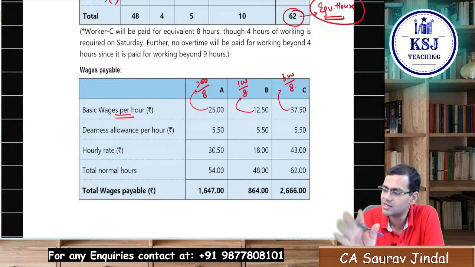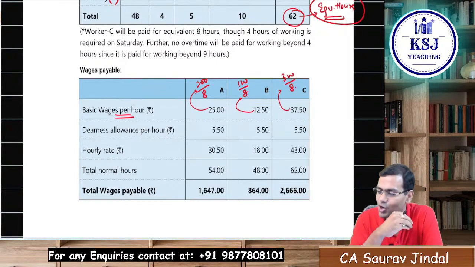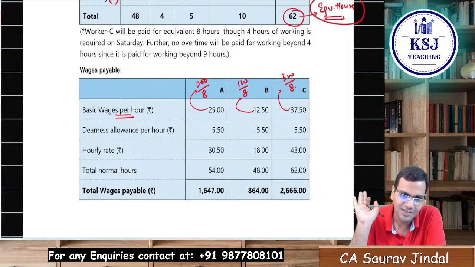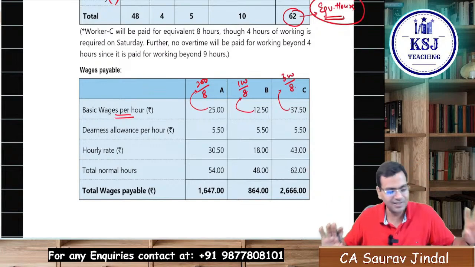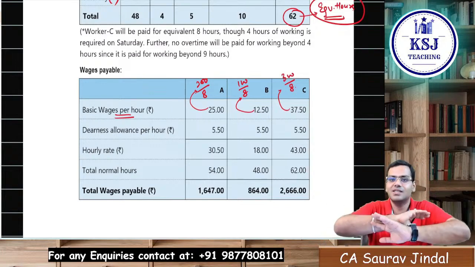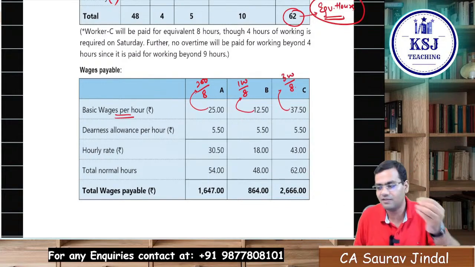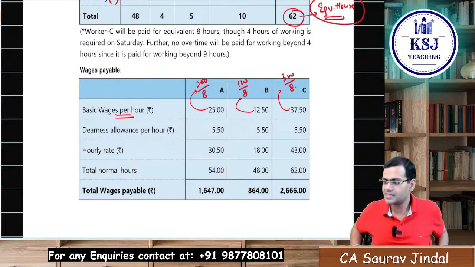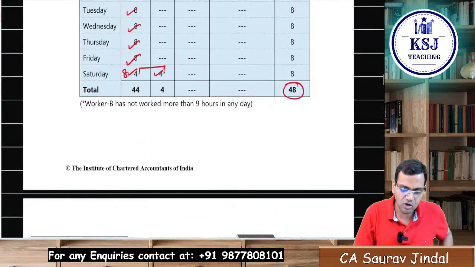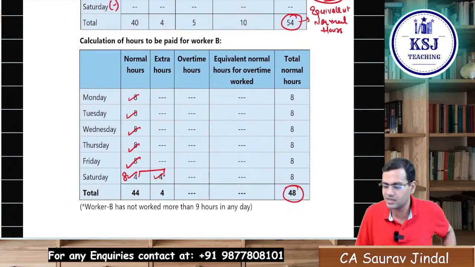Ramya, just do a single presentation. That is not going to make any difference. That is like the institute having fun with you guys, just to confuse you. There is no difference in the treatment of Saturday for B and C. It is absolutely the same. See, on Saturday they are not working for more than 9 hours, so simply we have taken it as 8 hours.